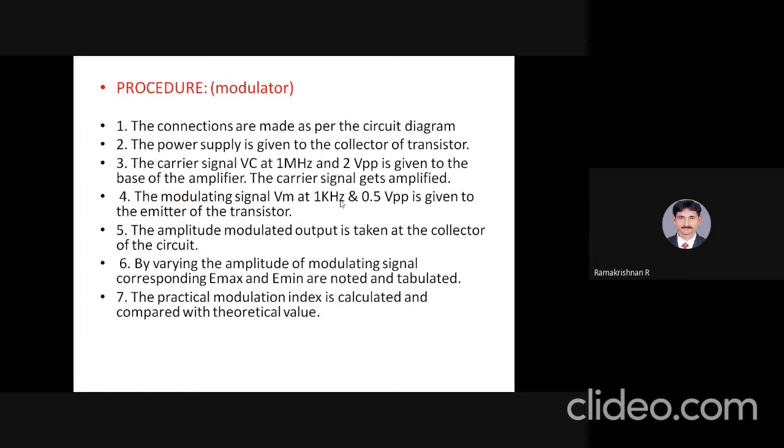Procedure: the connections are made with respect to the circuit diagram. The power supply is given to the collector of the transistor. The carrier signal Vc at 1 MHz and 2 Vpp is given to the base of the amplifier.